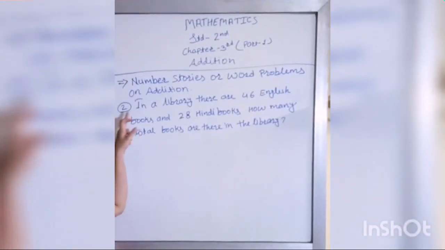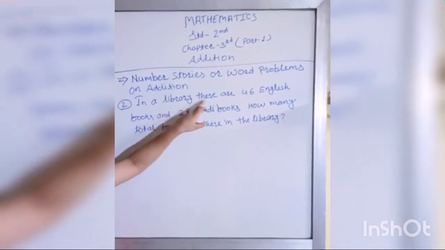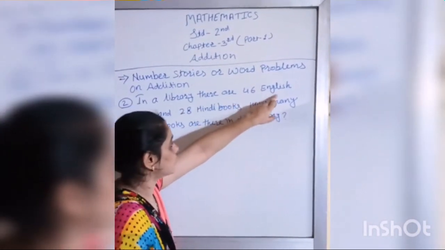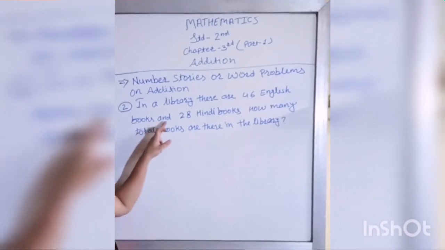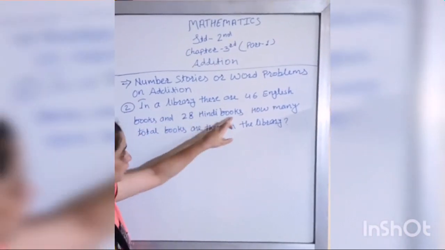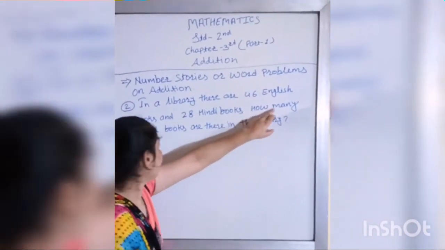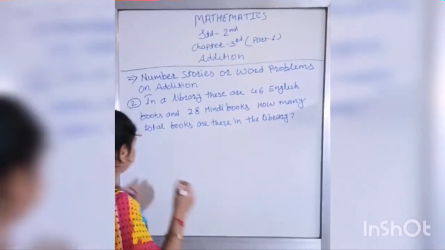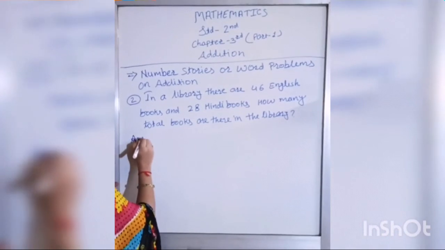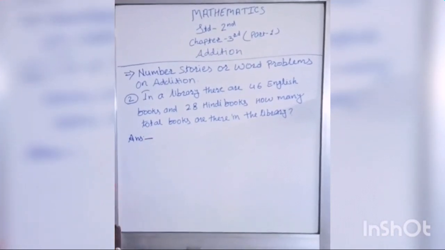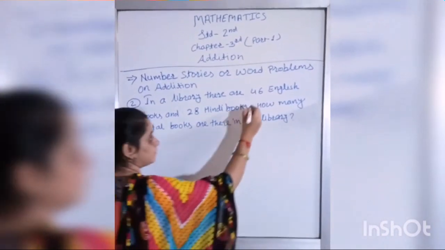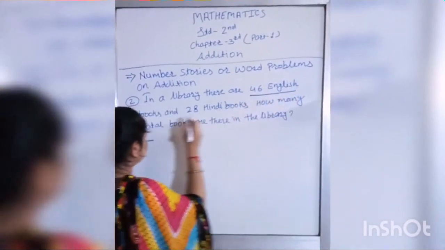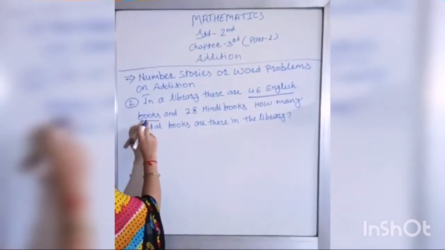Second question. In a library, there are 46 English books and 28 Hindi books. How many total books are there in the library? Can you tell me what information is given in this question? The information is given about the books.